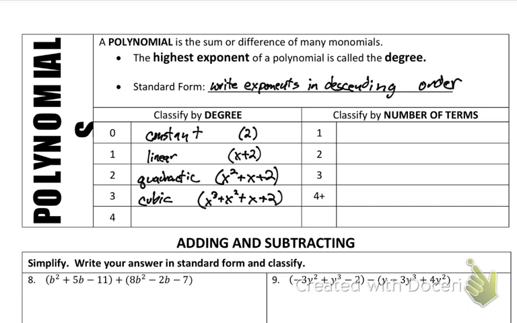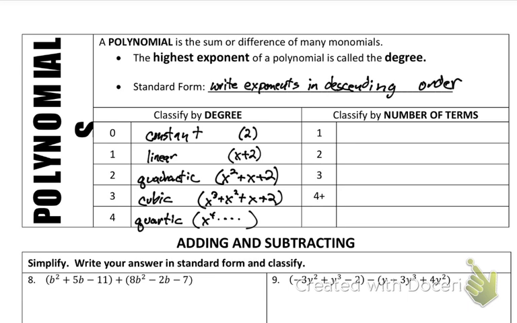And the last one we're going to talk about in this class is going to be a quartic. Let's just go x to the fourth, dot, dot, dot. So that's one way to classify it, is by the power that you use.